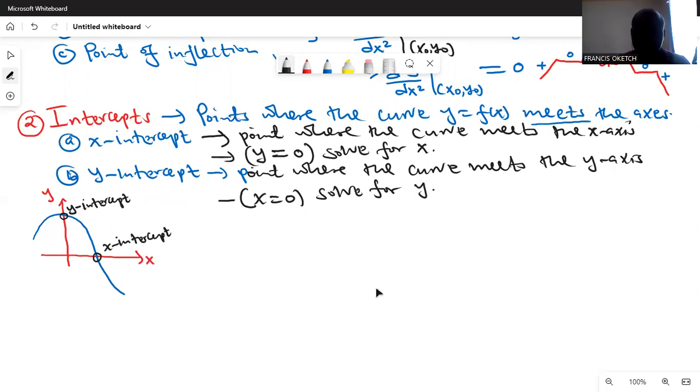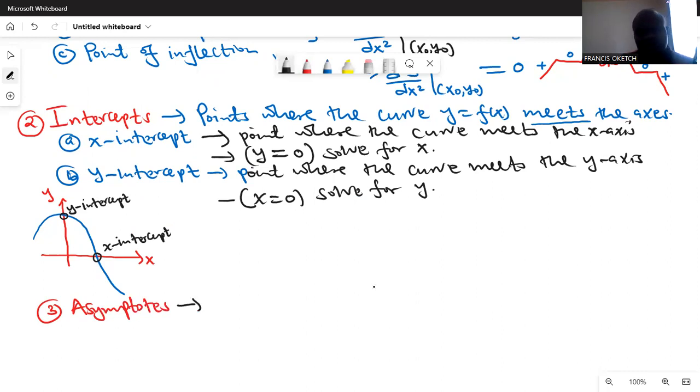Now, the next thing that you need to look for when sketching a graph of any function is what we call the asymptotes. So number 3, we are going to write asymptotes. So what is an asymptote?